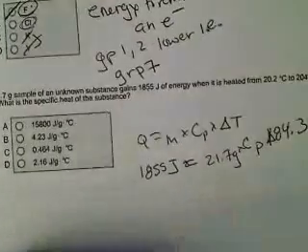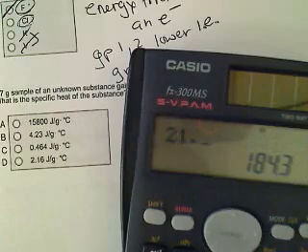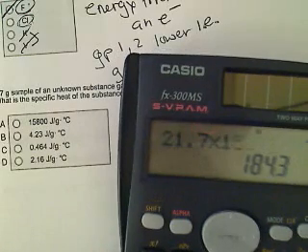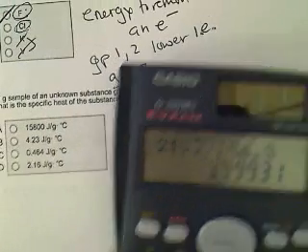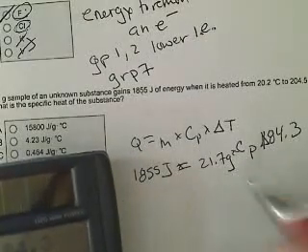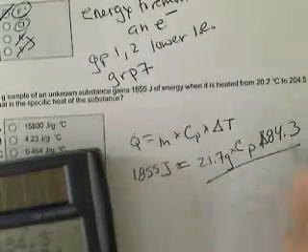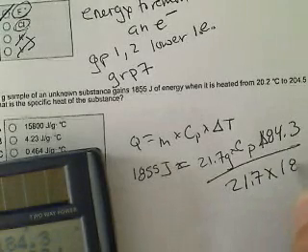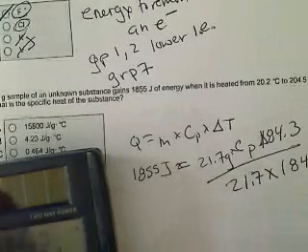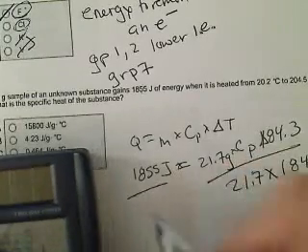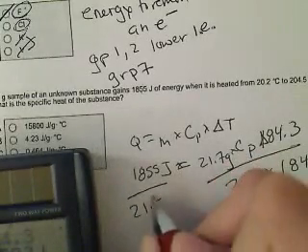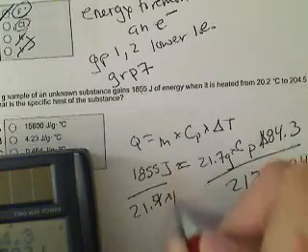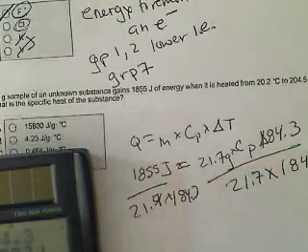So basically I'm going to say 21.7 times 184.3. I get 3,000, something like this. I need to get CP by itself, so I need to divide this side by 21.7 times 184.3, and this side by 21.7 times 184.3.